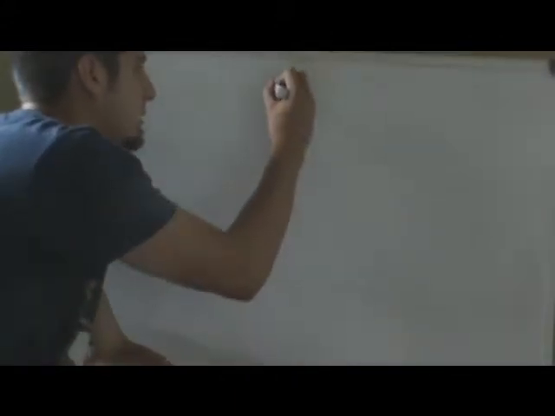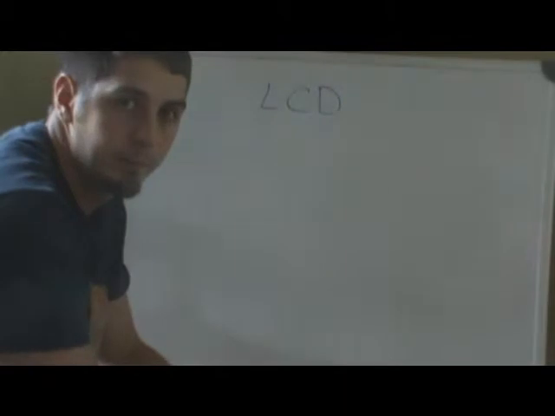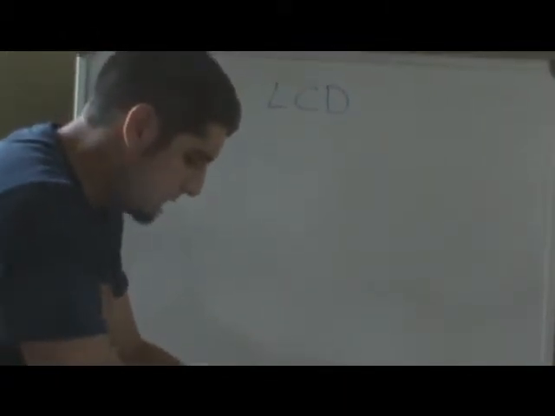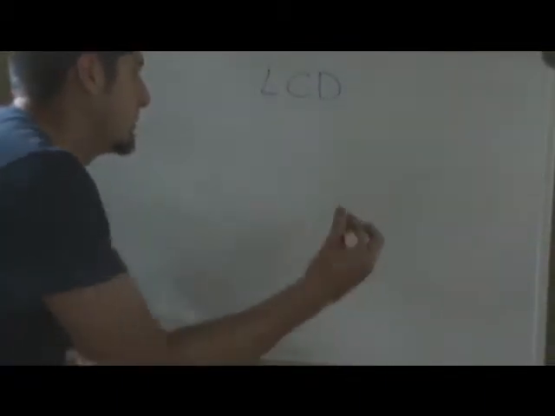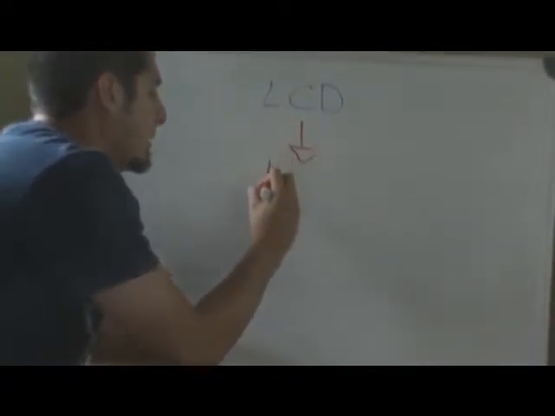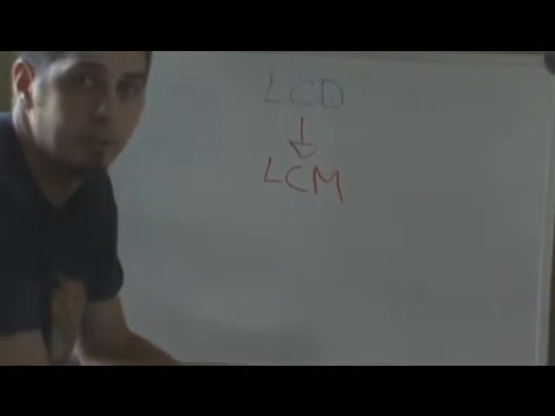In the previous video, we learned how to find the least common multiple of two numbers. You will also be asked in the next section to find the lowest or least common denominator of fractions. If you want to find the lowest common denominator of fractions, that is the same thing as saying you want to find the LCM of the two denominators.